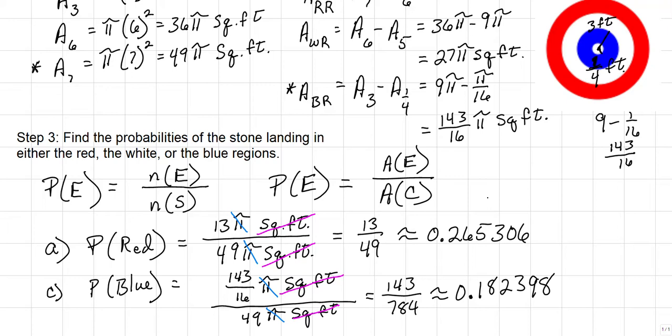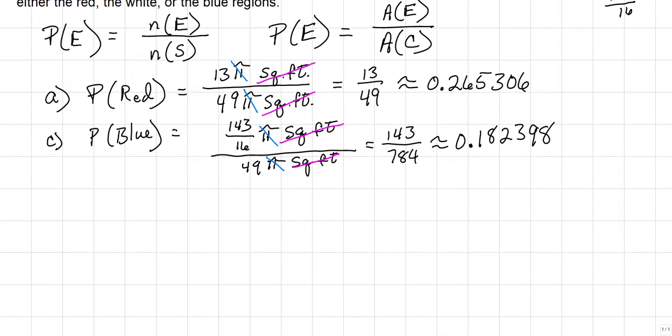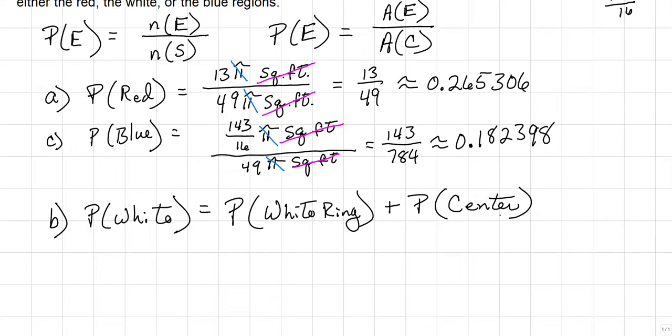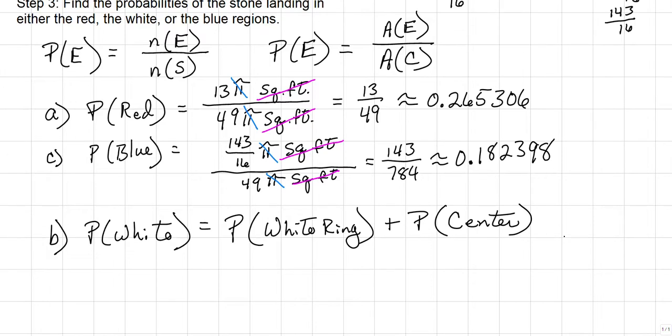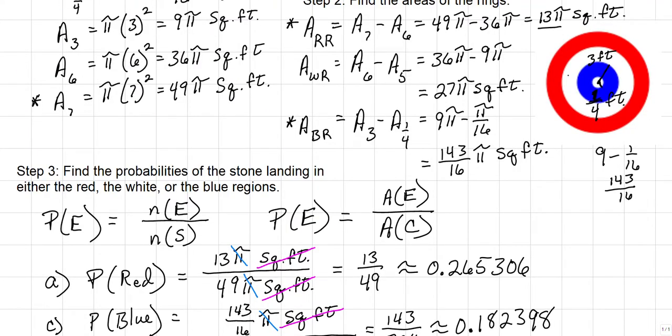And so we're going to have to combine this and determine our probabilities from those 2 calculations. So we have the probability of the white region being equal to the probability of landing in the white ring plus the probability of landing in the center. Remember, these are the 2 areas that we're talking about.